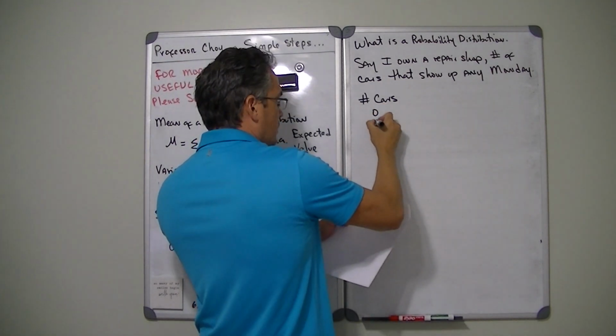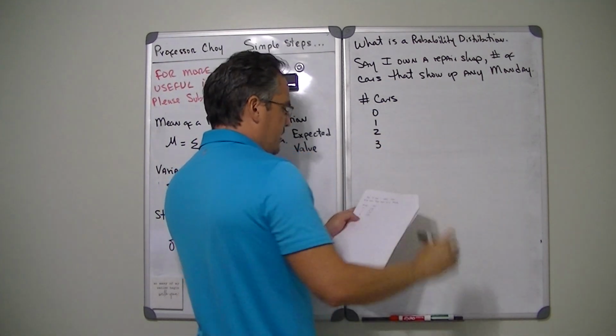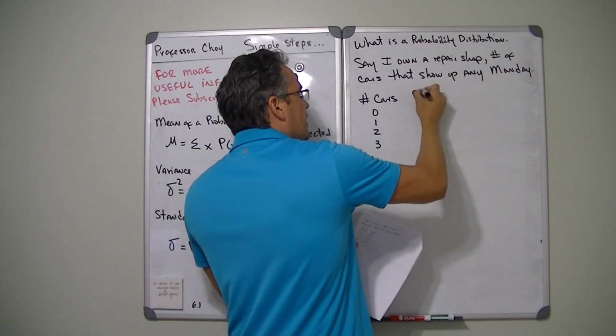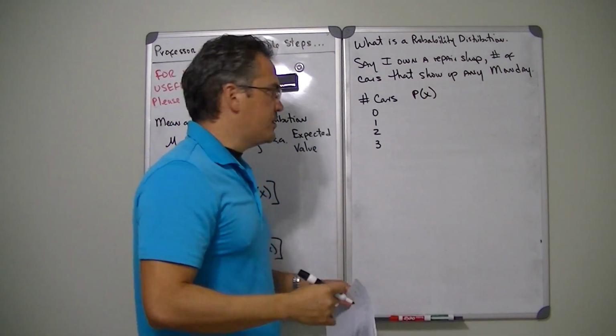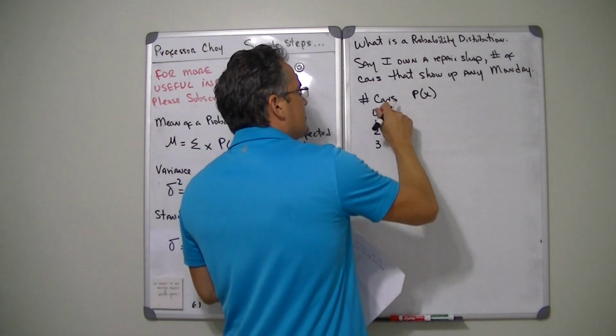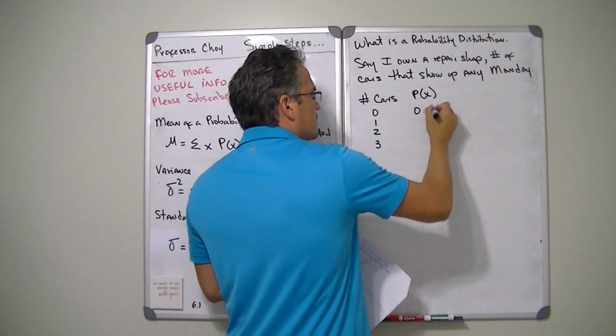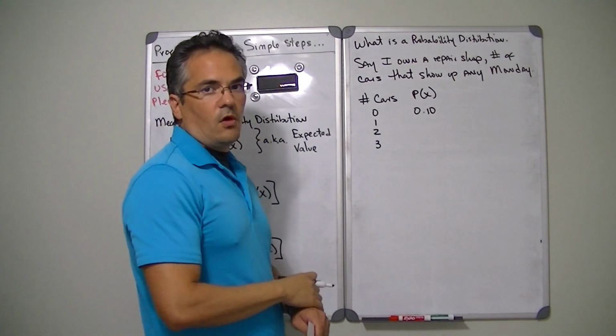0 cars, 1 car, 2 cars, and 3 cars. And what is the probability associated with that? Well, I did my research and I noticed that 0 cars show up 10% of the time, or 0.10.